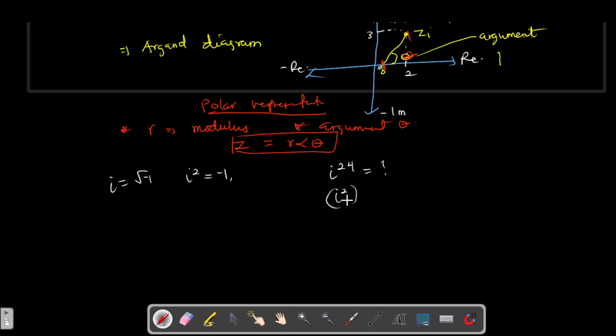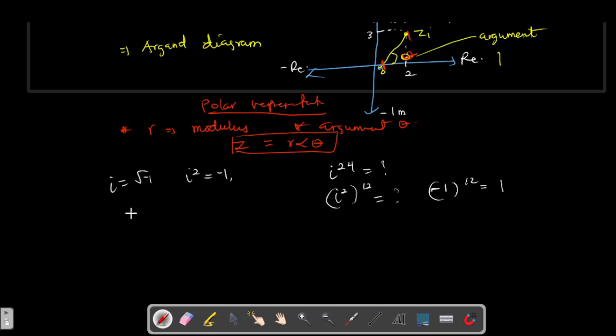In indices, I get i squared to the power 12, which is multiplying the powers. I know i squared is equal to -1, so I replace it with -1 to the power 12. Since 12 is an even number, our answer will be positive. So we get 1. So i to the power 24 is simply 1.